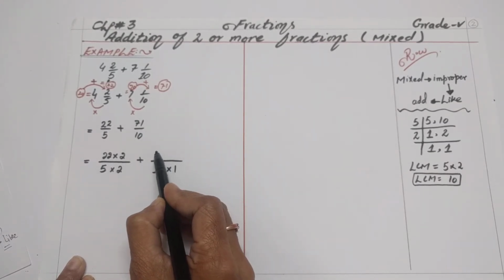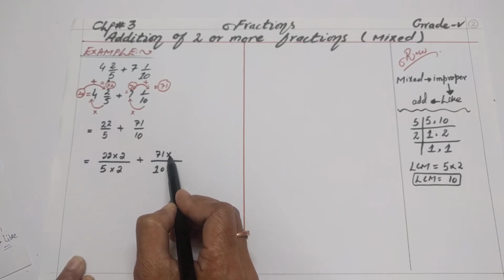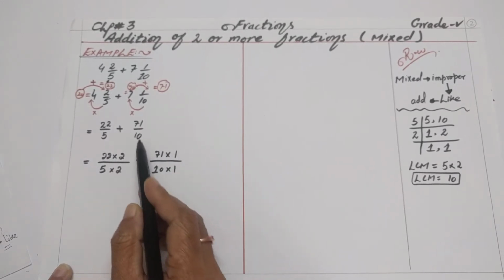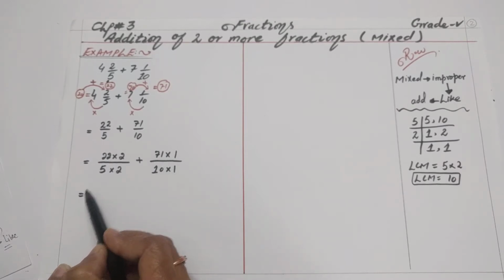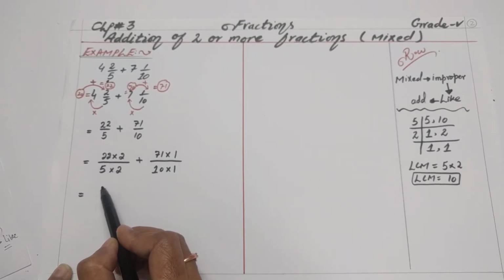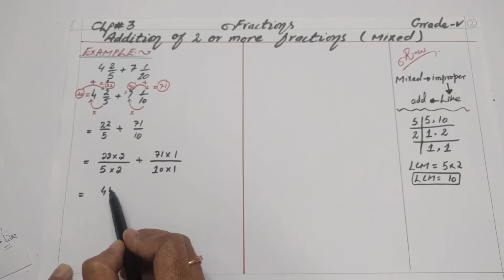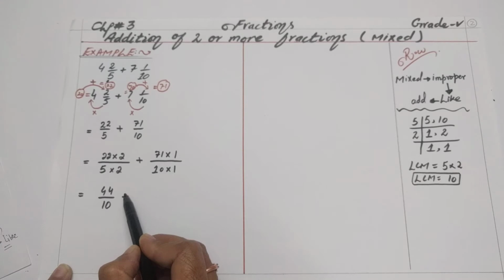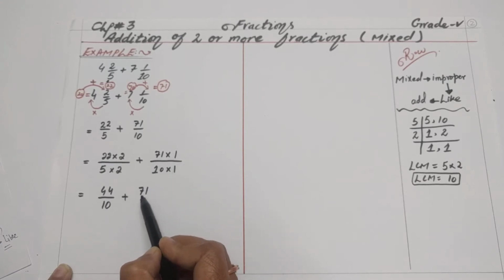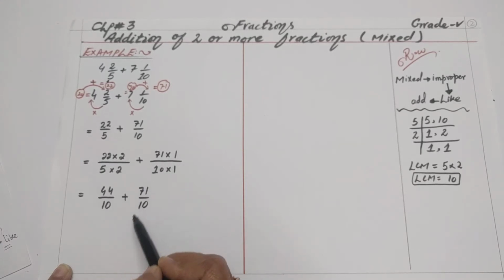So I will also multiply this 1 by the numerator, because already we have 10. So 10 ones are 10. Now multiply the numbers. 22 twos are 44, and 5 twos are 10. 71 ones are 71, and 10 ones are 10.